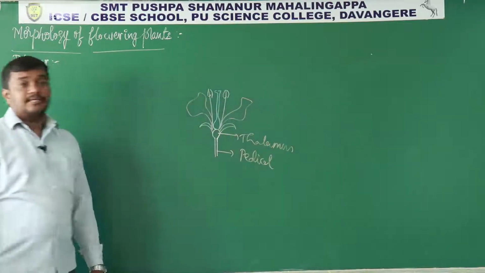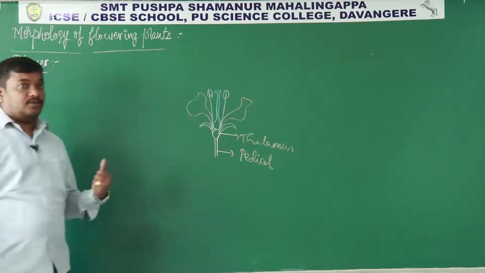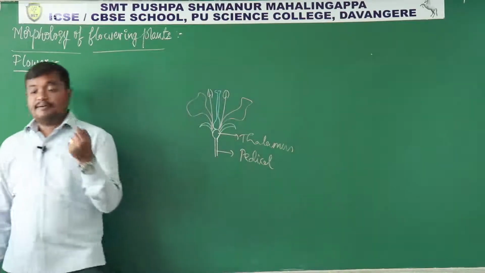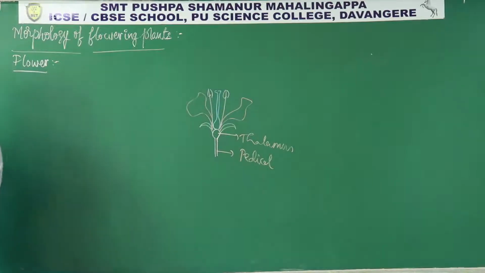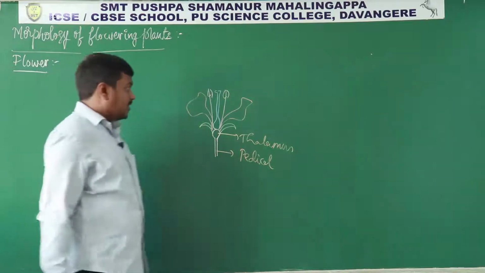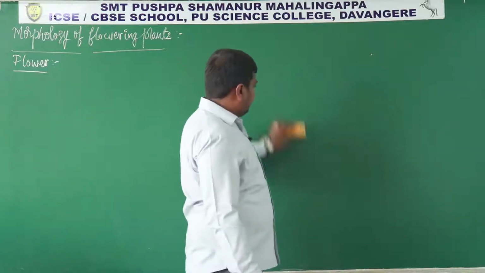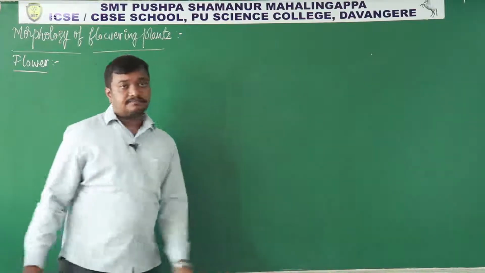So this is how a typical flower is formed. These appendages are formed from a part of the stem itself. That's why flower is said to be a modified shoot. And these are the things we learned in the previous class.